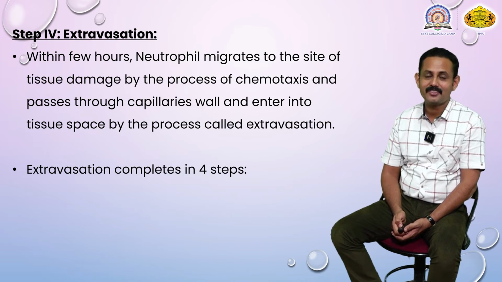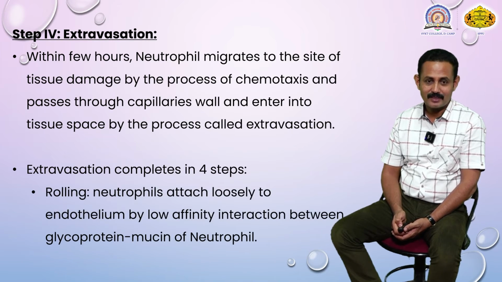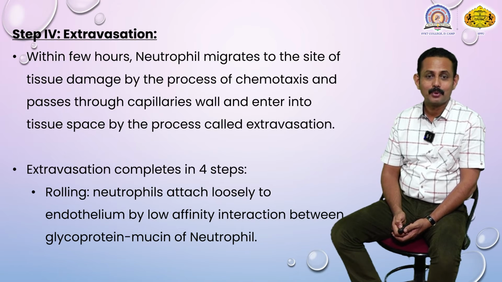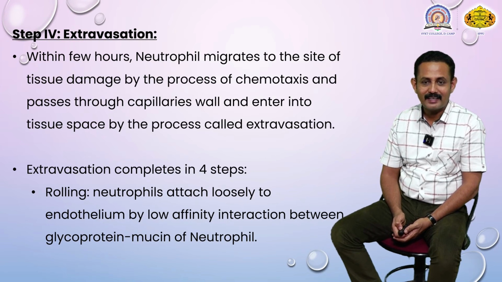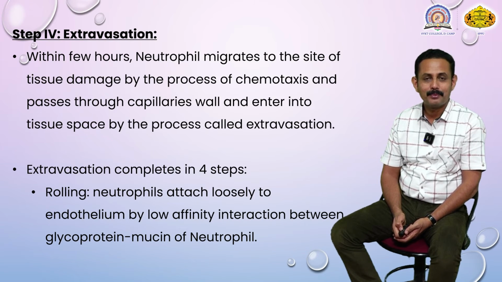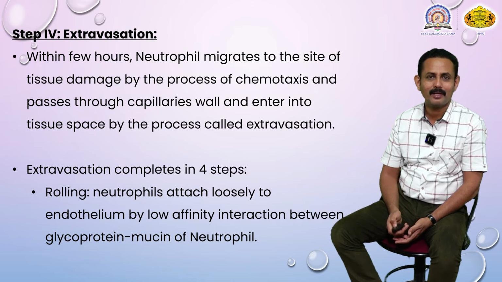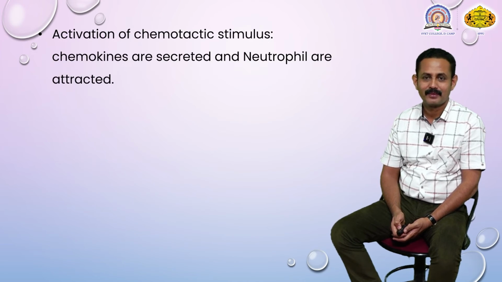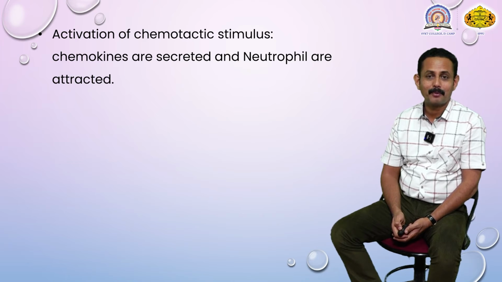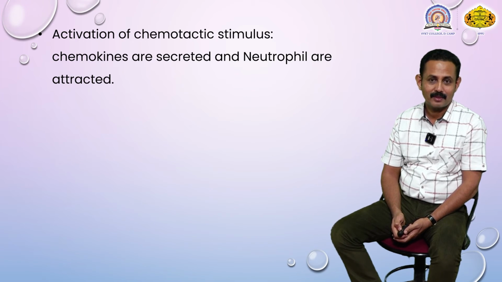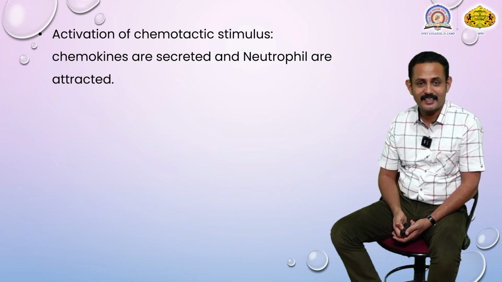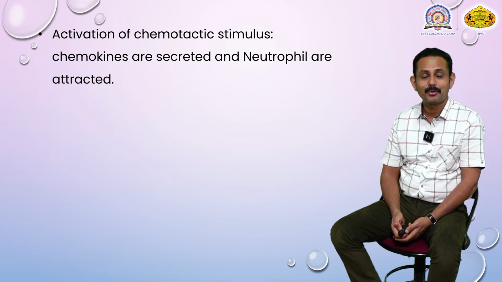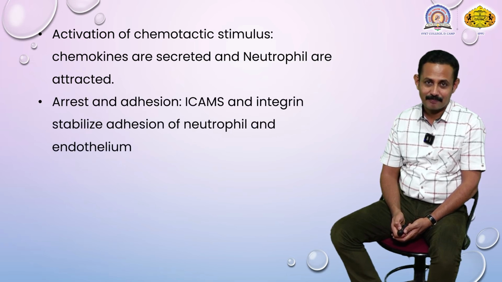This extravasation takes place in 4 steps. First, the neutrophils roll and attach loosely to the endothelium, the inner wall of the blood vessel, by low affinity interaction between the glycoprotein mucin and neutrophils. This molecular interaction takes place here. Then the activation of chemotactic stimulus takes place, where chemokines, one kind of lymphokine cell secretions, are secreted and neutrophils are attracted to the area.